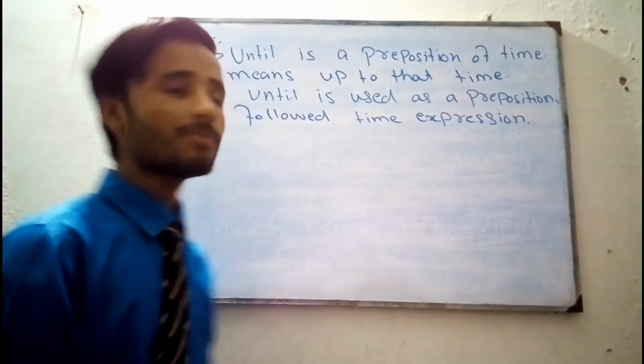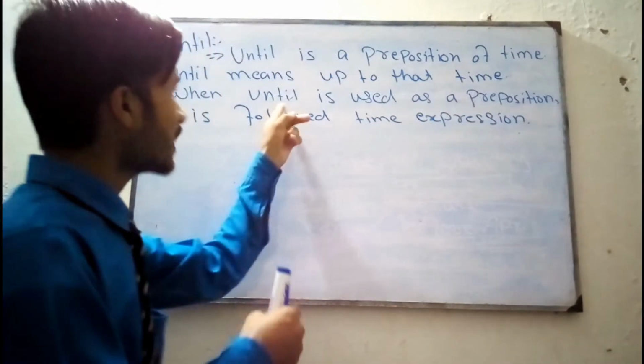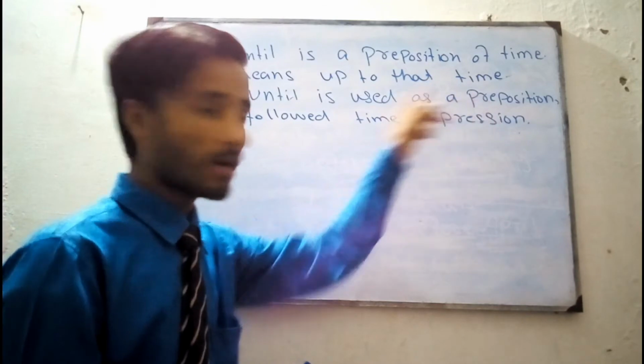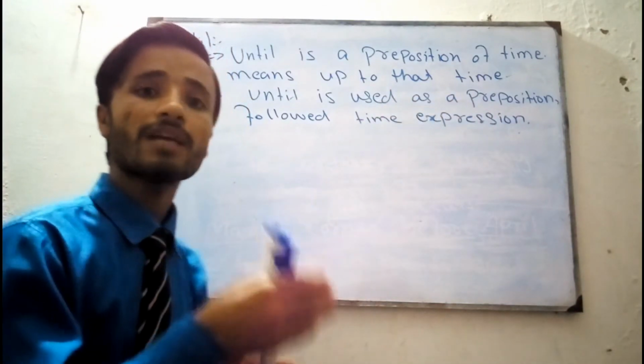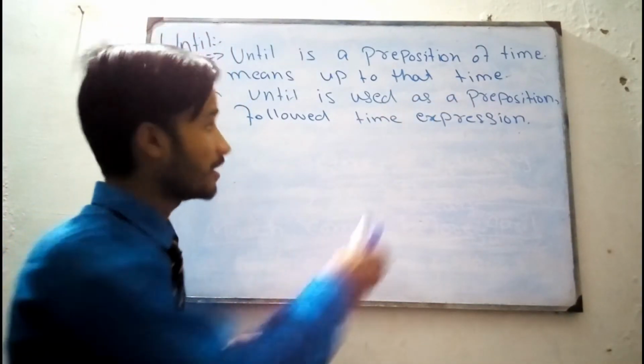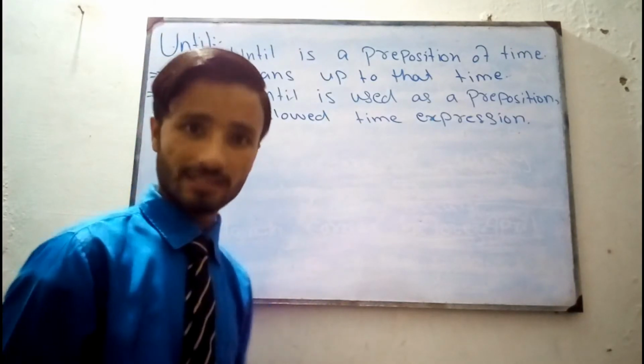Now what does it mean? It means that whenever we want to use until as a preposition, then we have to write until before a time expression. Before time expression, is this clear?